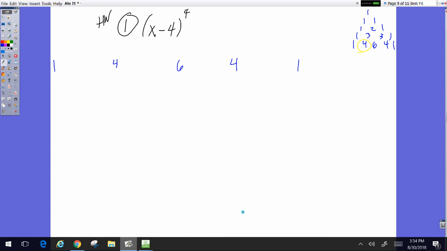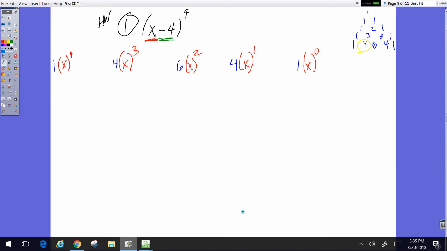Alright. So what do we do? We take the first one and we raise it to the highest power. So 4, and then 3, and then 2, and then 1, and finally 0. And then we take the second term and we work the other way.